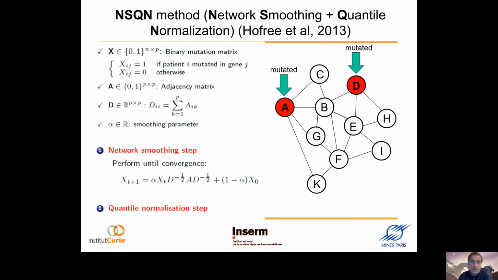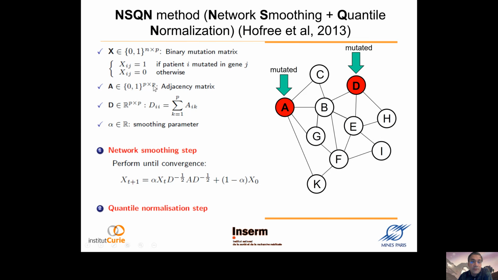So how does this method work? I'm not going into the very detail of the method. I just give you some basic ingredients of it. In the beginning, we have a matrix X, which we would like to transform using this NSQN method, which stands for network smoothing plus quantile normalization. Then we have a matrix A describing the structure of the network, the so-called adjacency matrix.